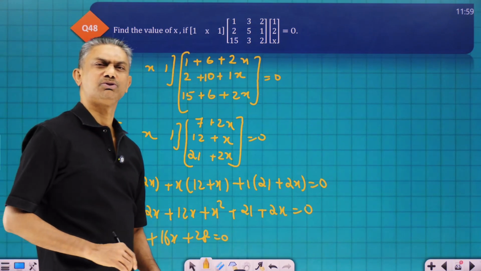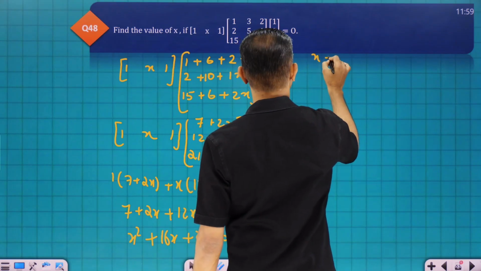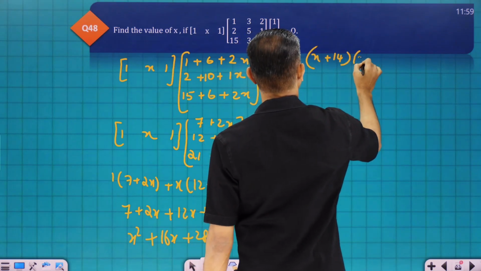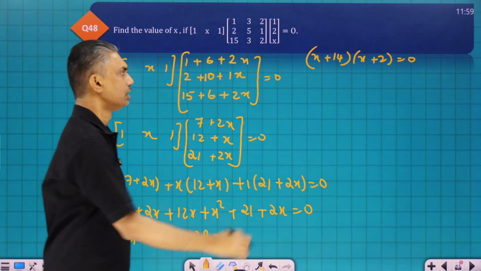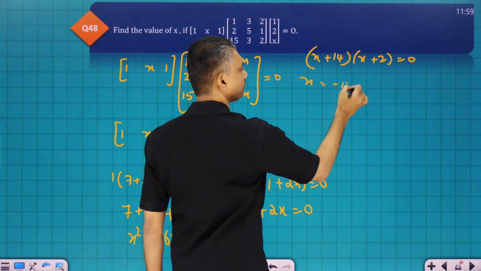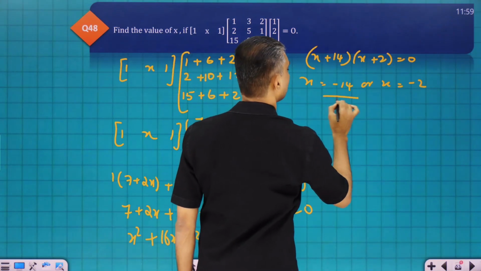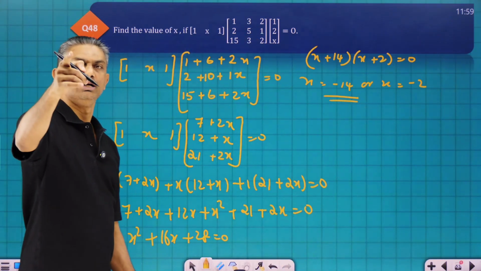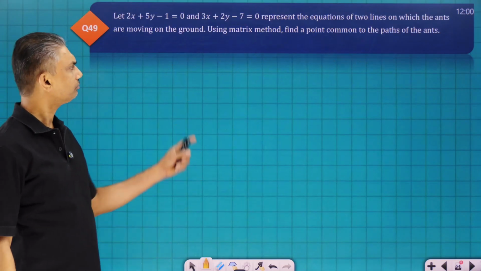So the sum is equal to 16, so 14 and 2, no? That is x plus 14 into x plus 2 is equal to 0. So x is equal to minus 14 or x is equal to minus 2. So the answers are minus 14 or minus 2. Very simple question. Now go for the next question.